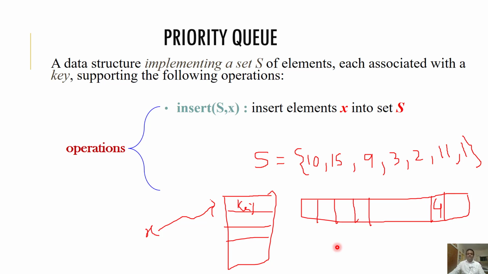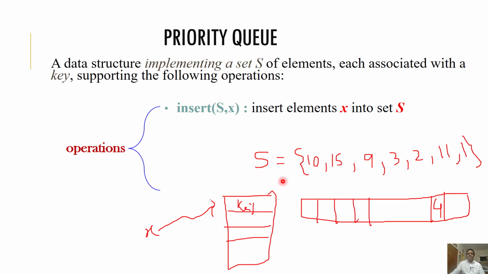Also, one more operation we need to think about is extract maximum. That means we want to find the maximum, that is 11, in this current example, and then we want to delete it from this set S. That is called extract max.